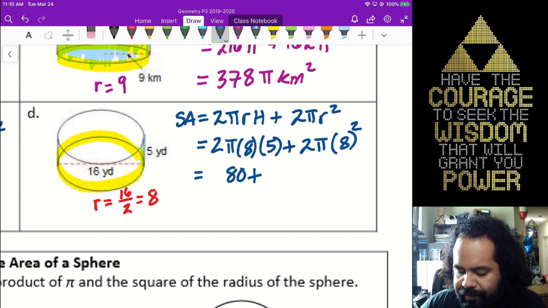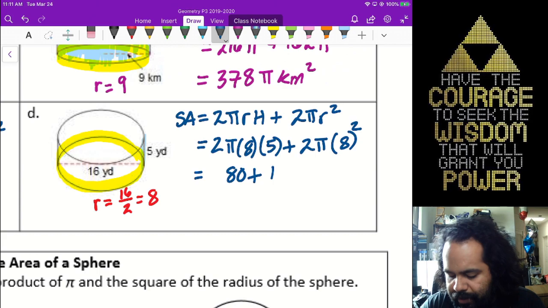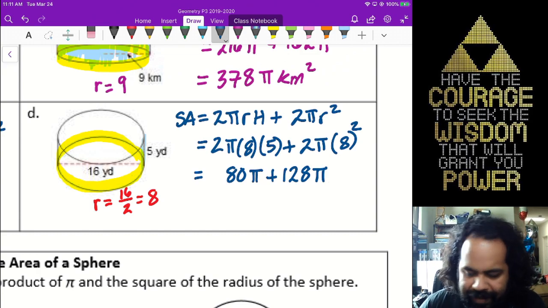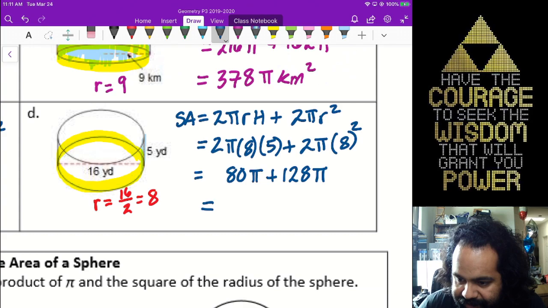And then we've got 8 squared, which is 64. 64 times 2, 128. Oh, I forgot the pi. 128 pi. It's okay. Hey, you make a mistake, you fix it. Easy to fix mistakes.